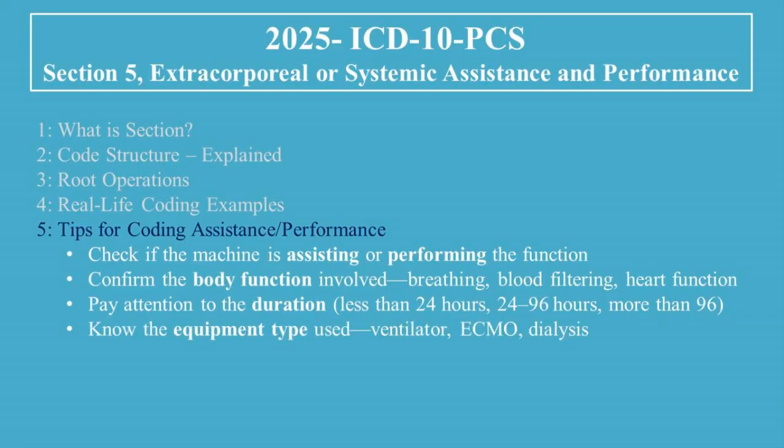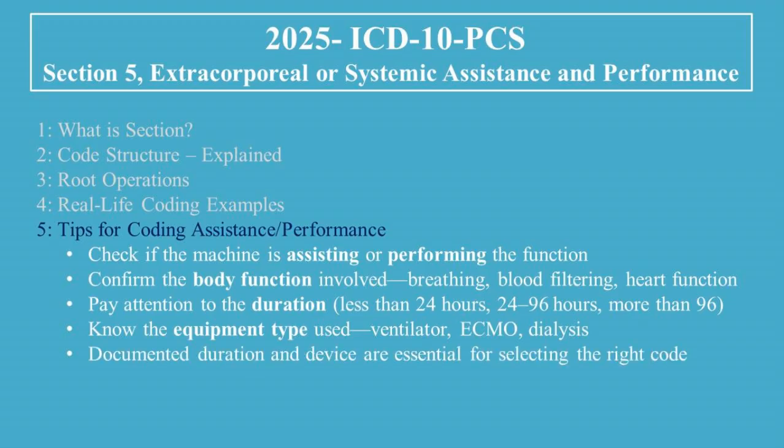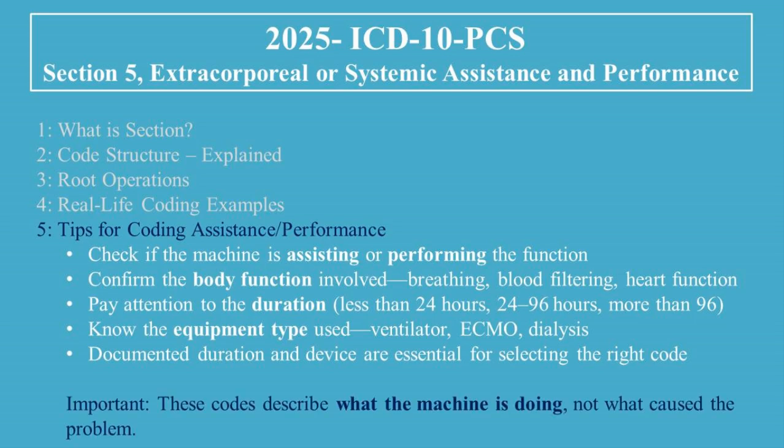Know the equipment type used: ventilator, ECMO, dialysis. Documented duration and device are essential for selecting the right code. Important: these codes describe what the machine is doing, not what caused the problem.